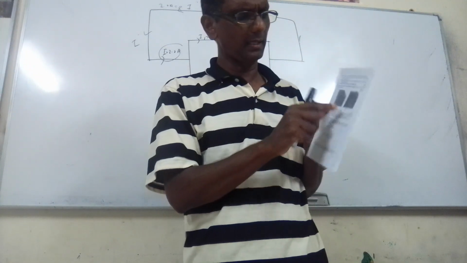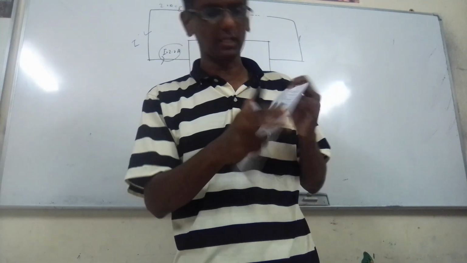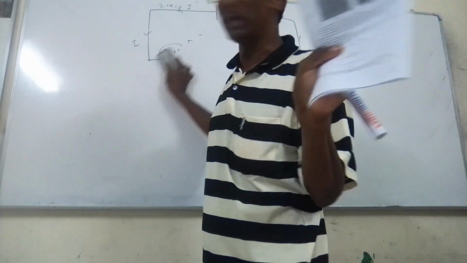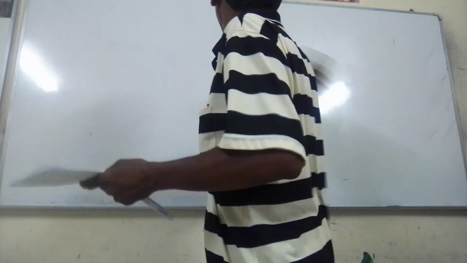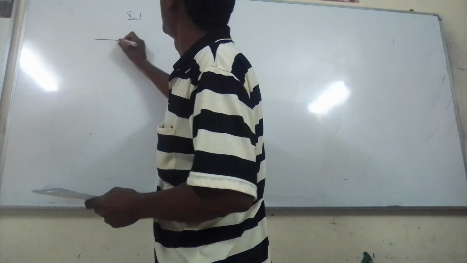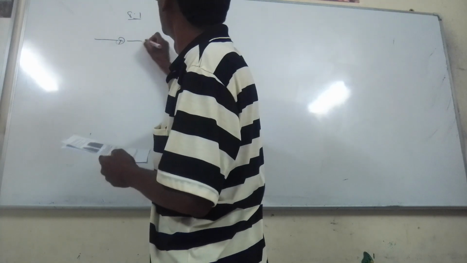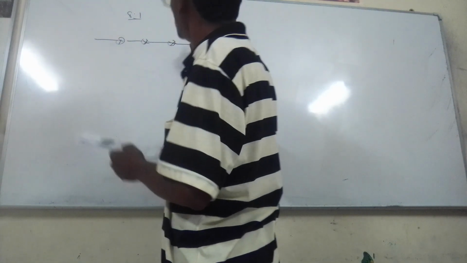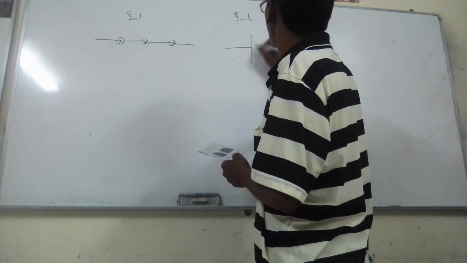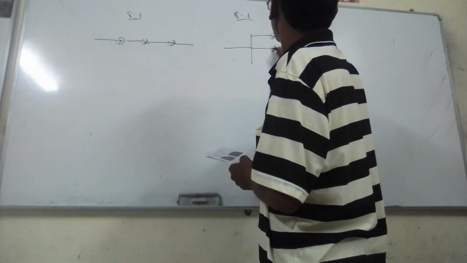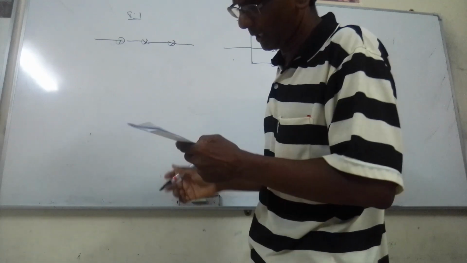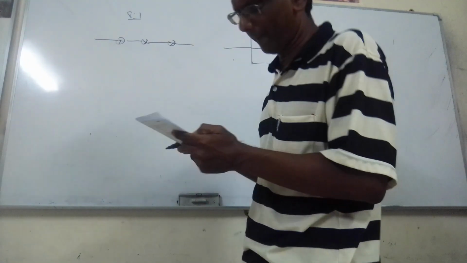The series and parallel. 8.1 is series, the bulbs are in series. 8.2, the bulbs are in parallel.